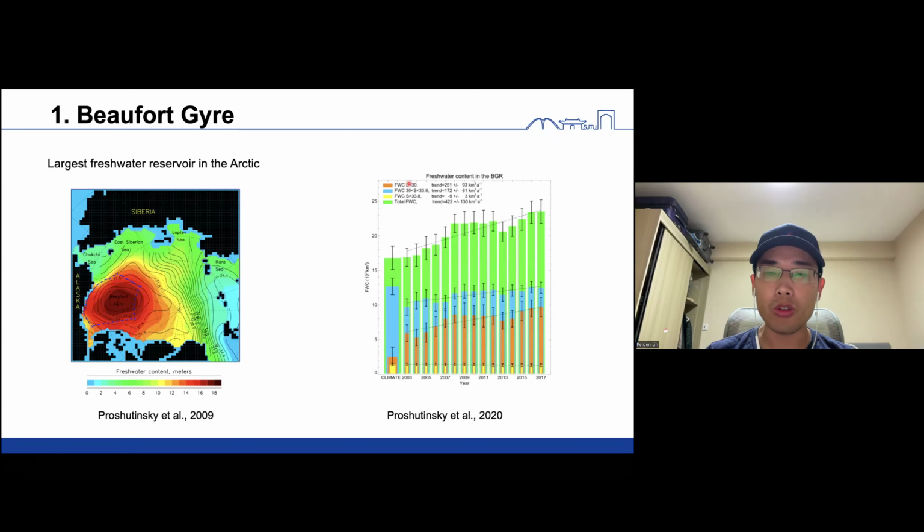And they also found an increasing trend of this freshwater content in the last couple of decades, from 2003 to 2017, and the increase rate is about 40%, which is really large, also compared to the climatology. So this is a really large increase in freshwater content in the Beaufort Gyre.